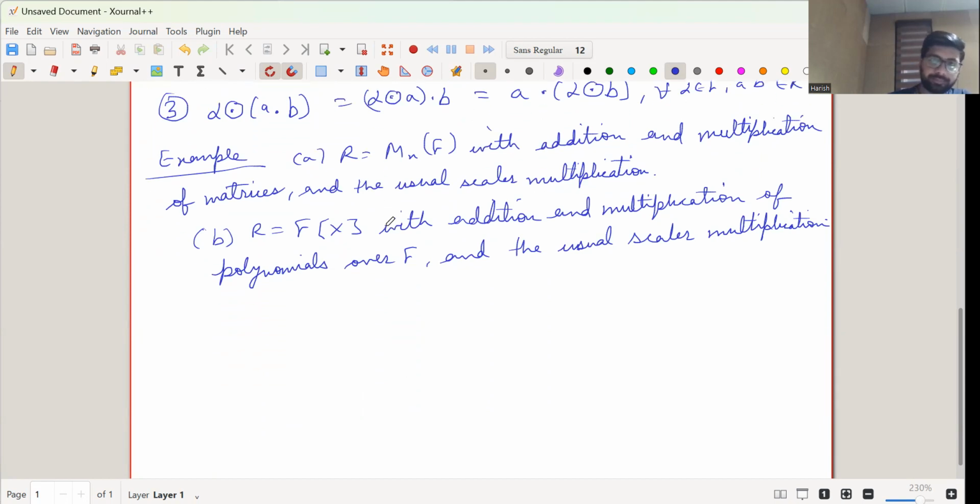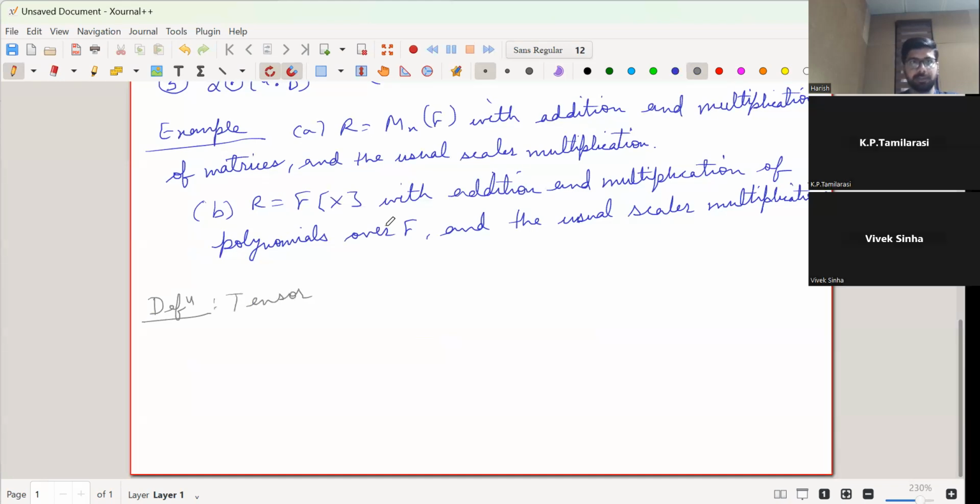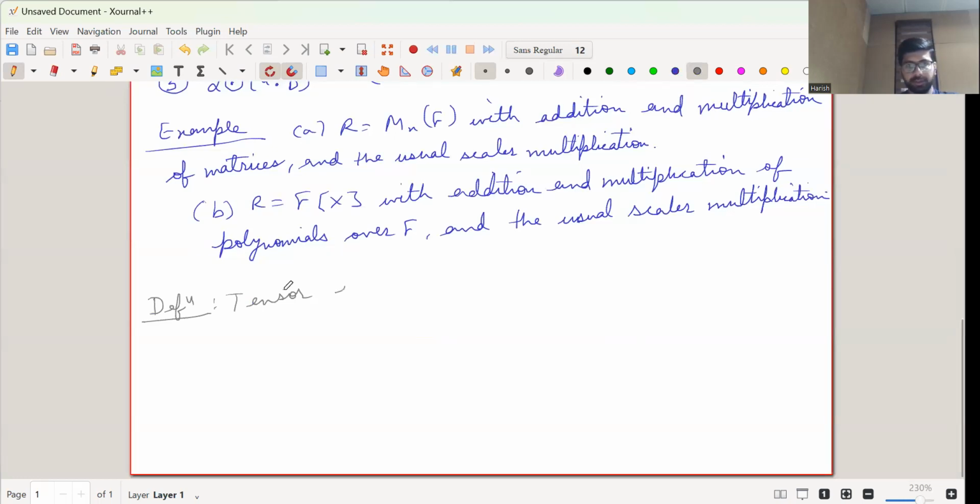Now the interesting thing is to see the tensor product of algebras. Let me write the definition, because it's a kind of construction you can say.